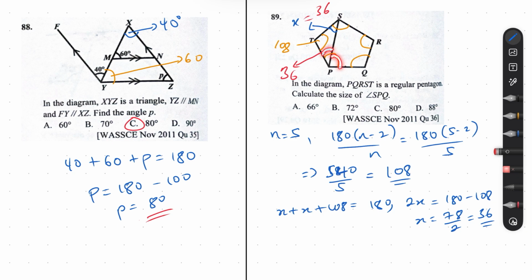That will be 108 minus 36. Cool? So our answer is 108 minus 36. And that will give us 72. Okay? Cool. I think we'll have to stop here for now. 72 is B, right? Okay, cool.